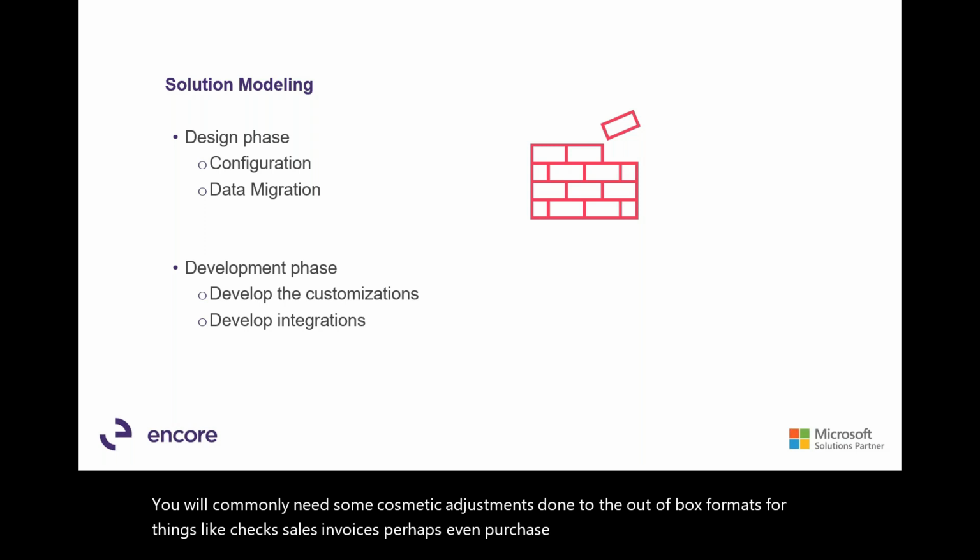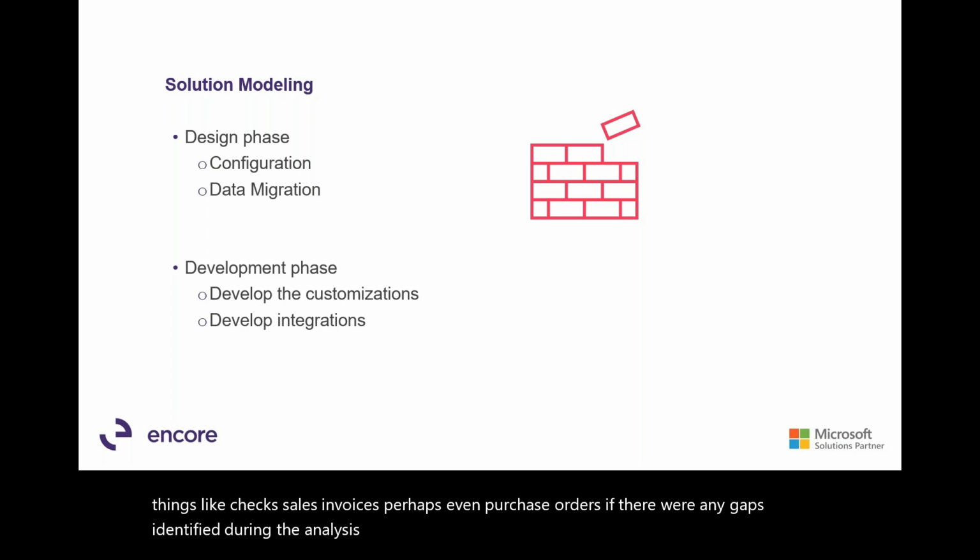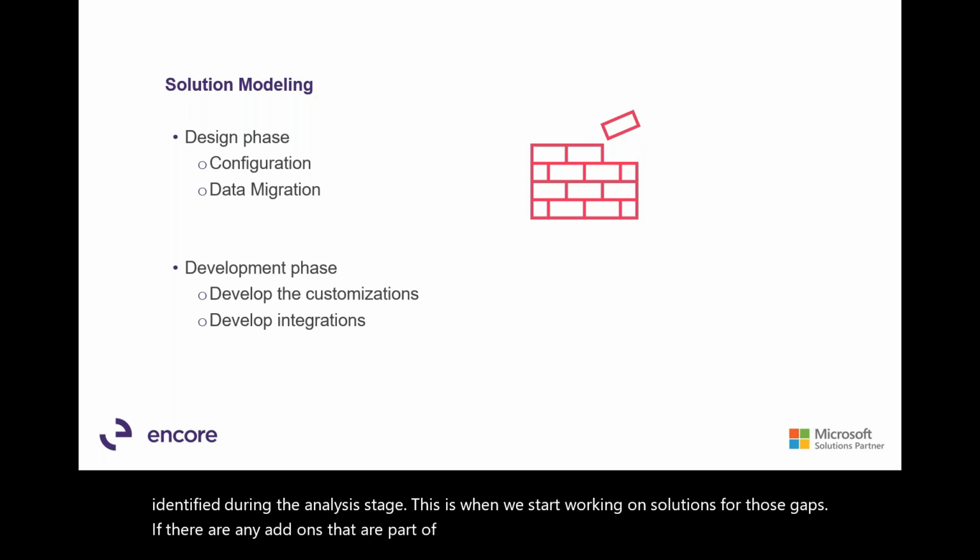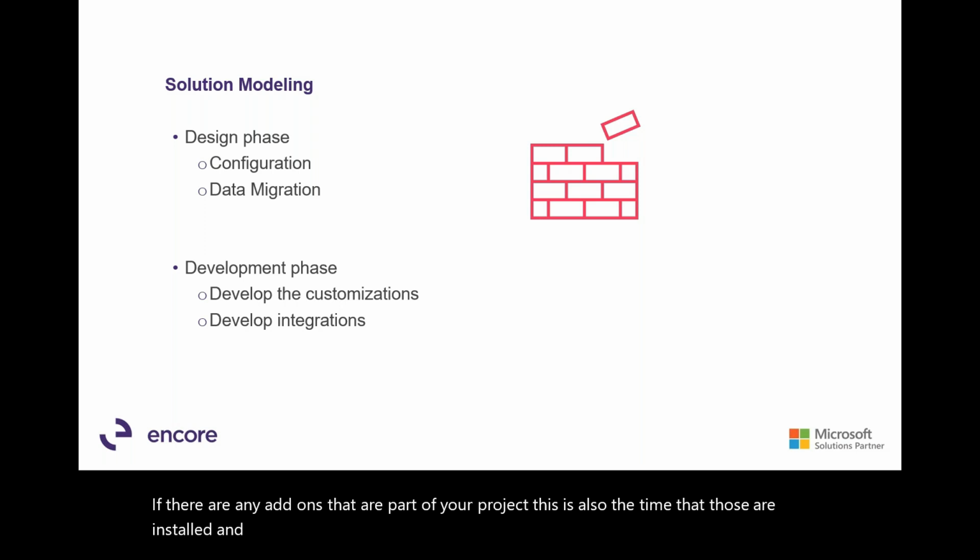If there were any gaps identified during the analysis stage, this is when we start working on solutions for those gaps. If there are any add-ons that are part of your project, this is also the time that those are installed and configured.